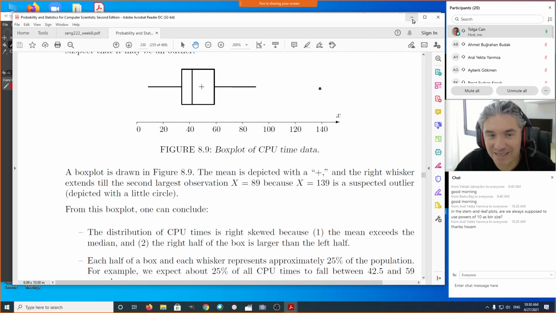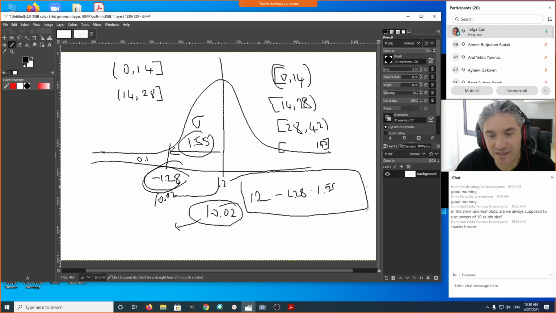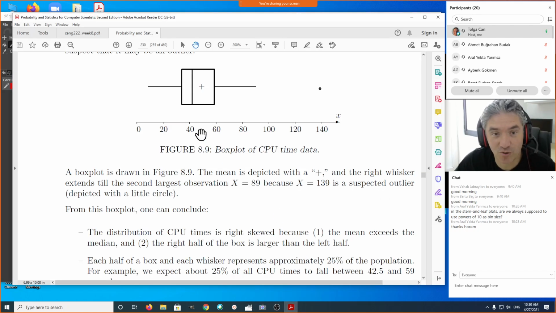Because it makes sense, right? Intuitively, this is what I would guess if nobody told me which one is mean and median. If the left-hand side of the box is the first quartile, and the right-hand side of the box is the third quartile, if there is some other vertical line drawn inside the box, that should also correspond to some quartile, which is the median, like the second quartile, right?